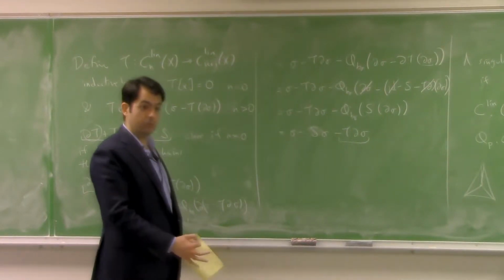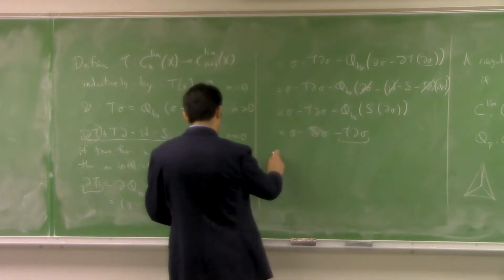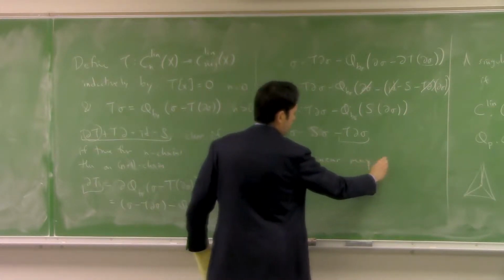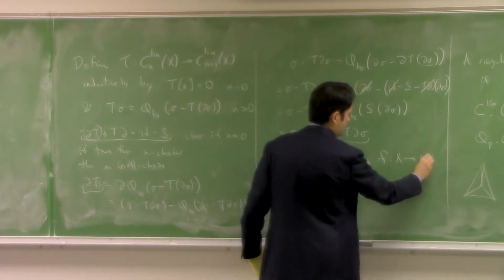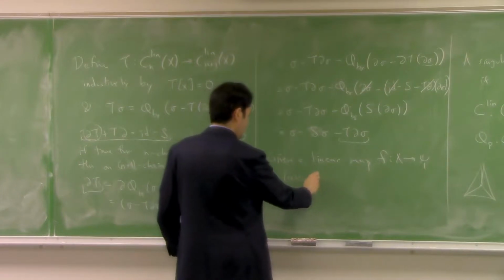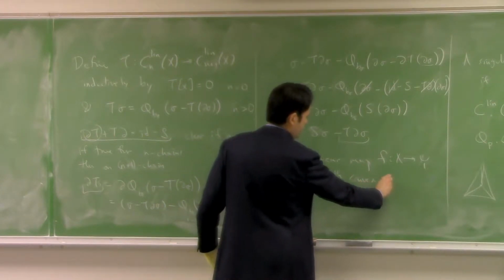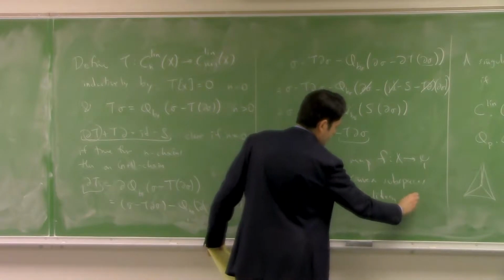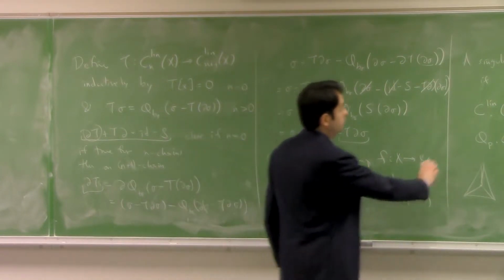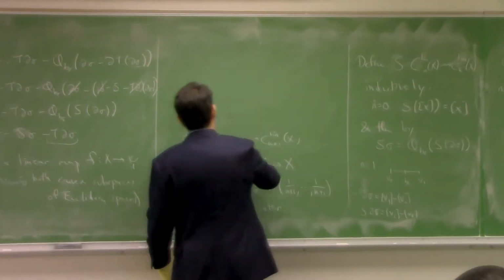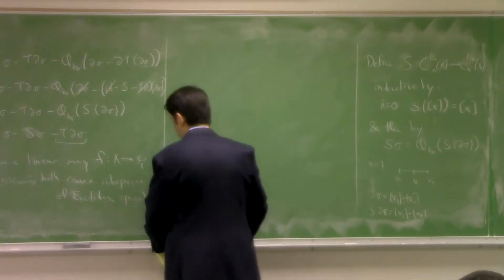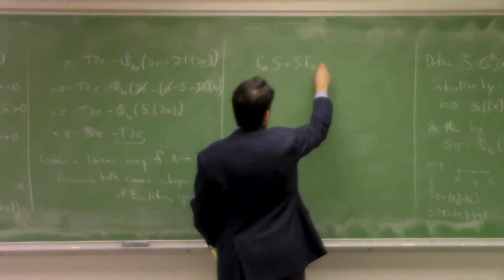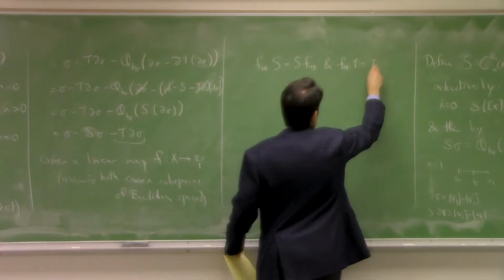Okay, so why are they natural? Given a linear map f, assuming both are convex subspaces of Euclidean spaces, then f sharp of S is equal to S f sharp, and f sharp T is equal to T f sharp.